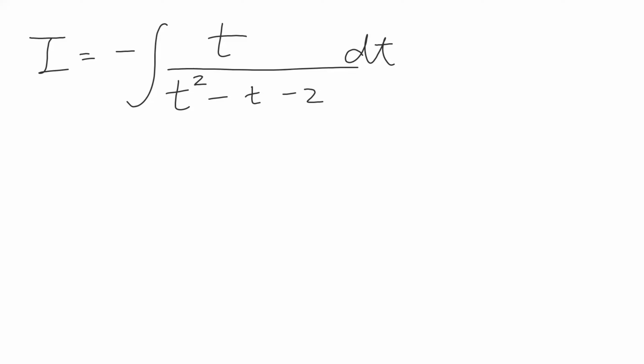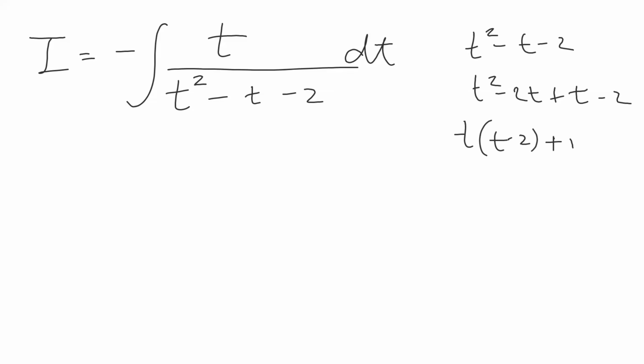Okay. So can we factorize the denominator? Yes, we can. So t square minus t minus 2 is t square minus 2t plus t minus 2, which is t into t minus 2 plus 1 into t minus 2.